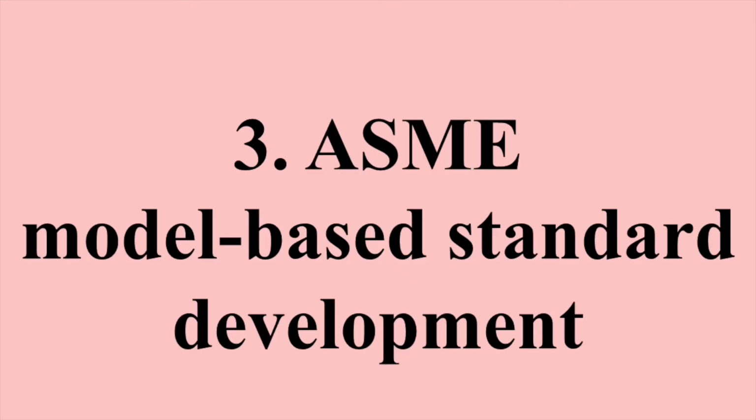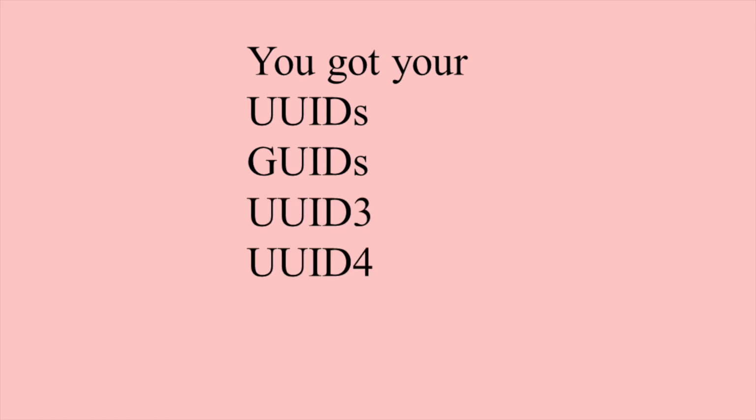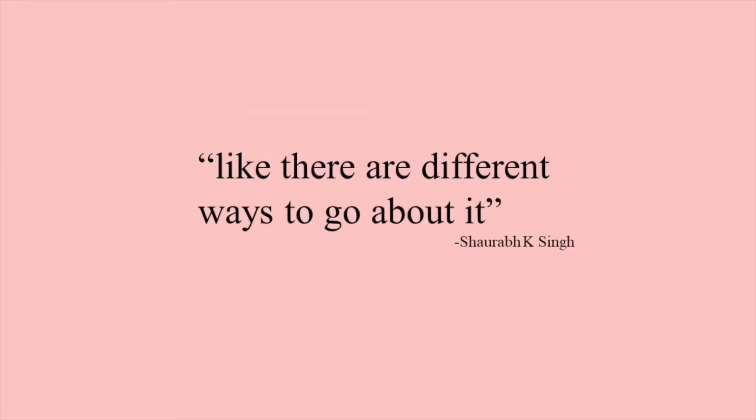So even the ISO group has taken this up every month or so, solely focused on identifications, different types of IDs, UUIDs, GUIDs. Within UUIDs you have version 3, version 4, different formats and ways to go about it, and what they represent. So there's a whole in-depth conversation going around UUIDs in the ISO.